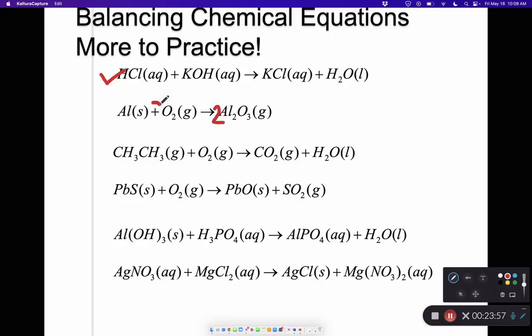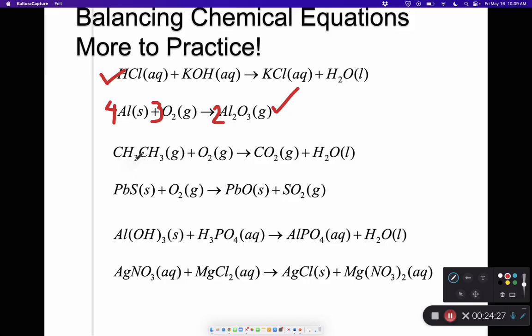If you multiply by 3, now oxygen is 6 on the left. Every time you see 2 or 3 on two sides of the arrow, try to make them 6. That will make your life easy. And now you just have to deal with aluminum. I have 2 times 2, 4 on the right hand side. So multiply by 4 on the left hand side. Voila, you have the correct balanced equation here.